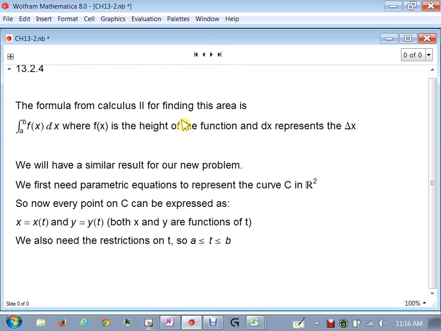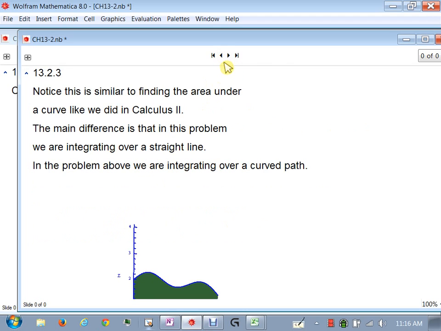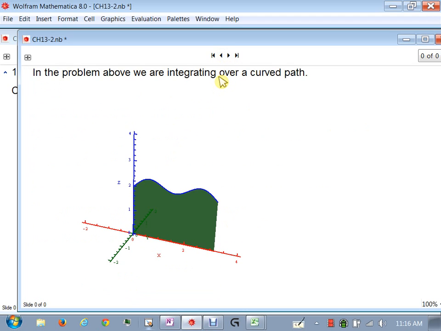So in Cal 2, to find the area, we did the integral from a to b of f of x dx, where f of x was the height of the function and dx was the width. The height of the function is f of x, the width was dx, the infinitesimal width of the rectangle. Yes? All right.